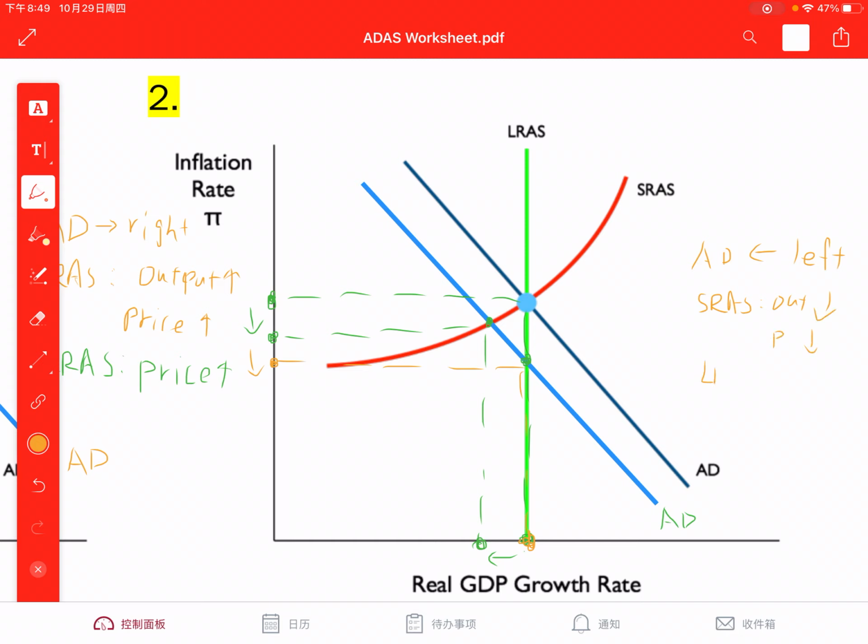But for the long-run aggregate supply, it's just the price going much lower. This is because in the long term, we're more willing to sell the same amount as we could produce at a lower price instead of selling a smaller amount at a higher price. So this happens when the aggregate demand decreases.